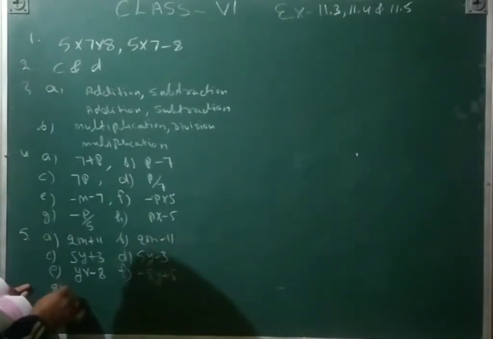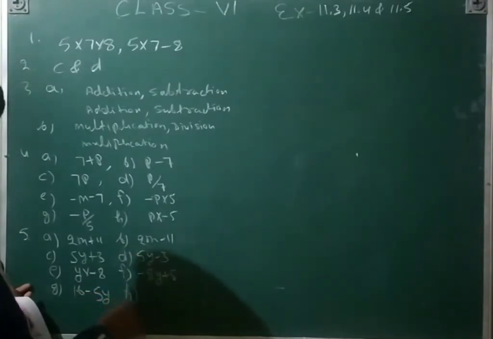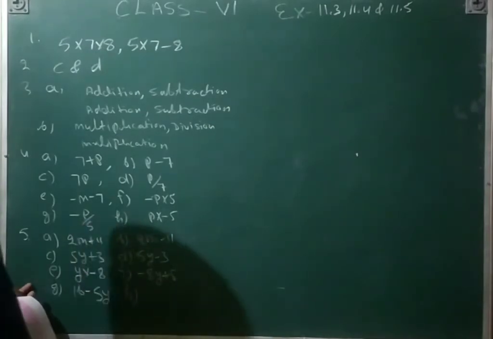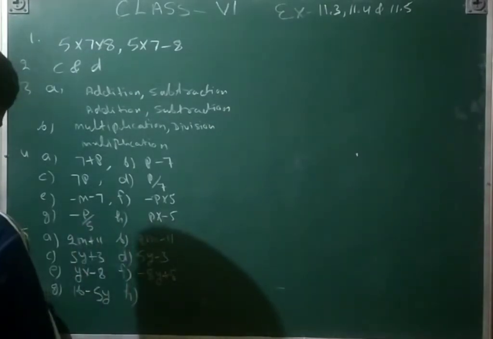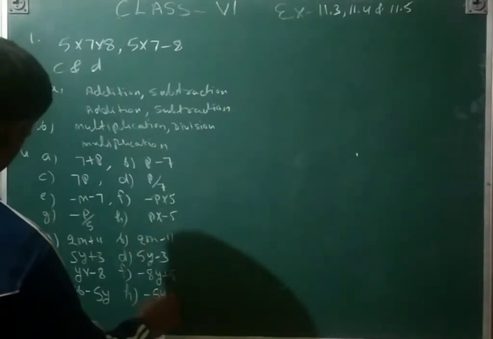G, y is multiplied by 5, subtracted from 16, so 16 minus 5y. H, y is multiplied by minus 5, then the result is added to 16, so minus 5y plus 16.